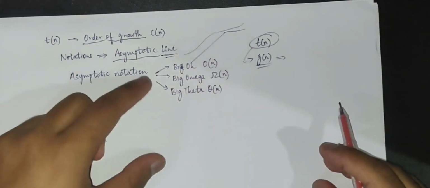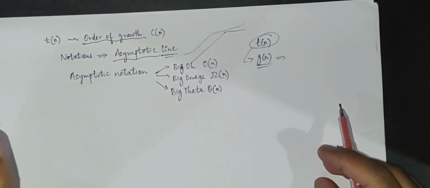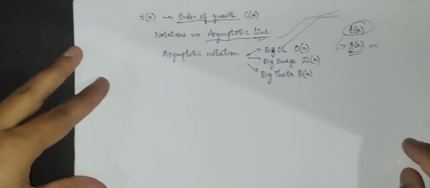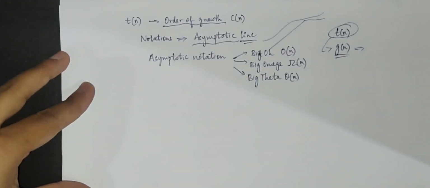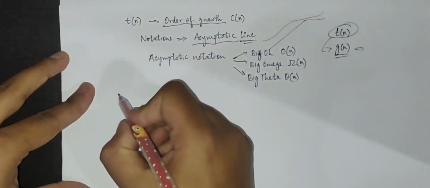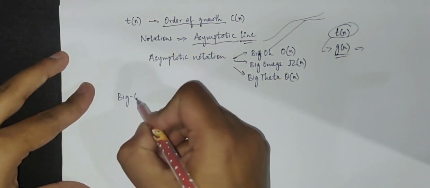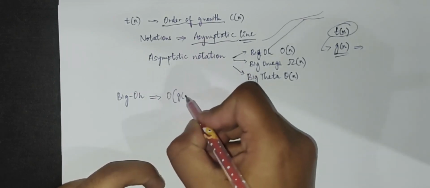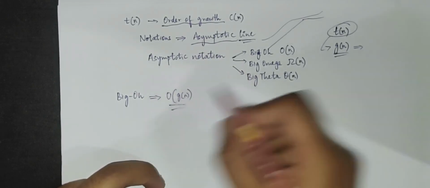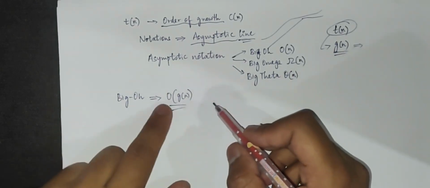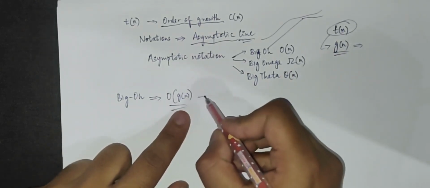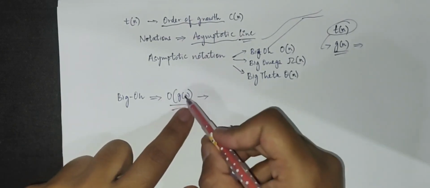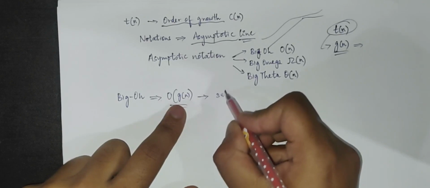Let's start off with some informal definitions just to get a hang of it, and then we'll move ahead with the formal definitions. Let's talk about big O. Since we are comparing with this function g of n, big O of g of n, if you want to describe it informally, should be a set of functions.